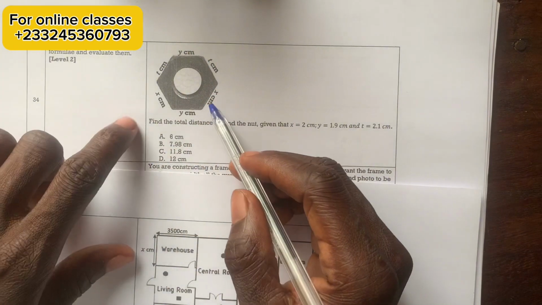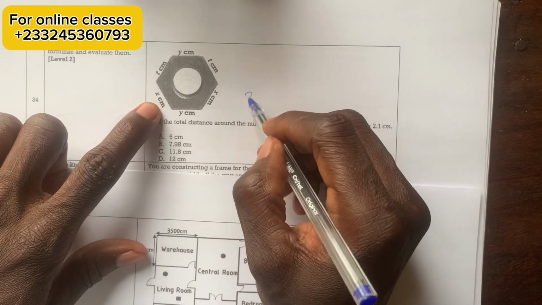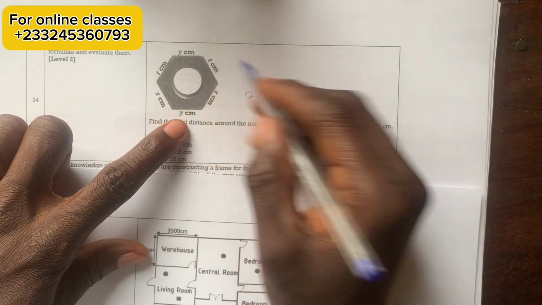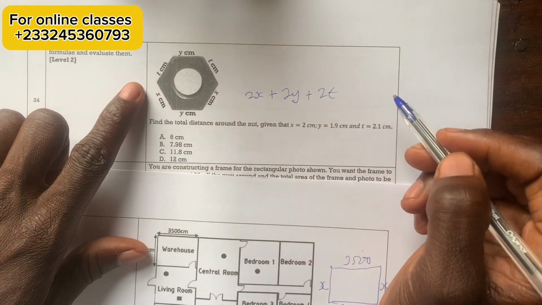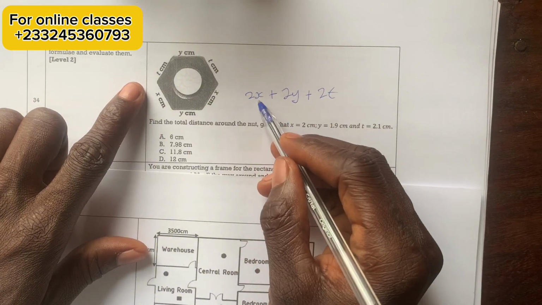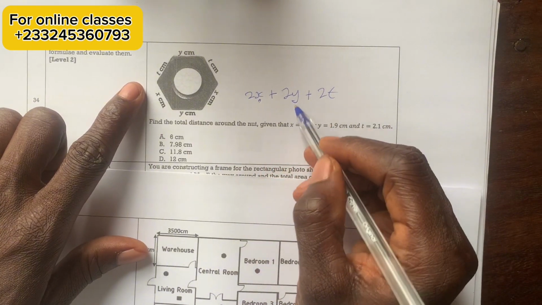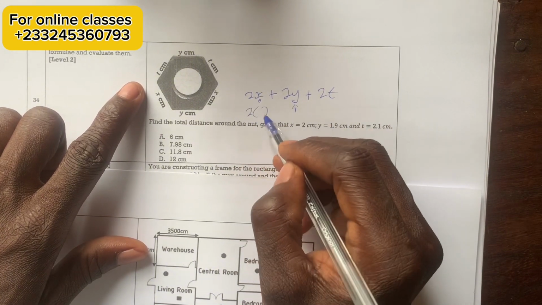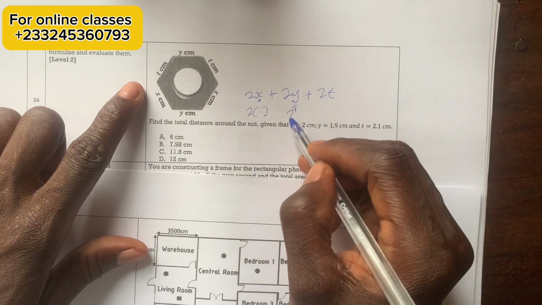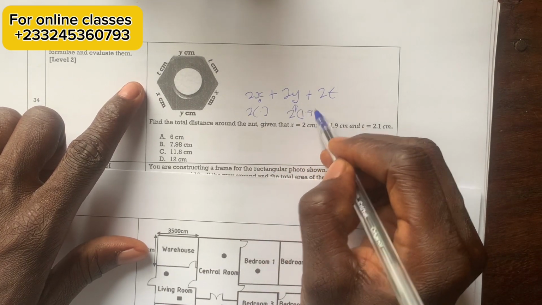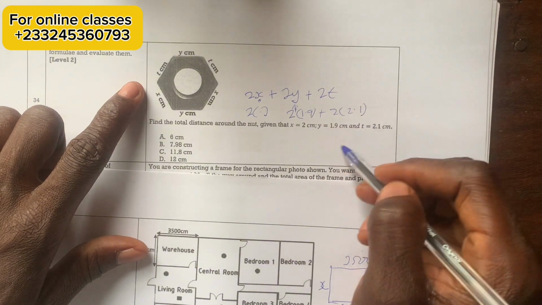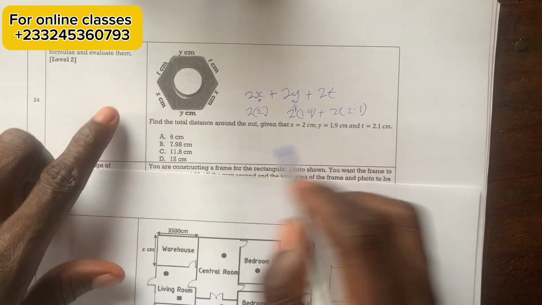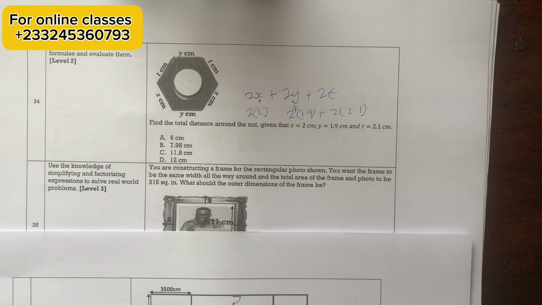We have x plus x, that is 2x, plus 2y, plus 2t. So put x equal to 2 here, y equal to 1.9 here. But remember, it is 2 times, you put it here. Here is 2 times 1.9, you put it there, plus 2 times t, which is 2.1, and here is 2 times 2. So do this and then leave your answer in the comment section.